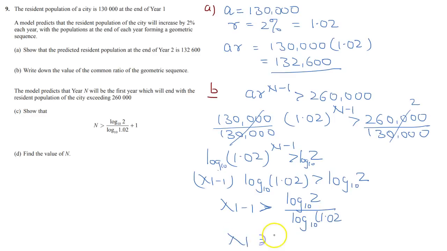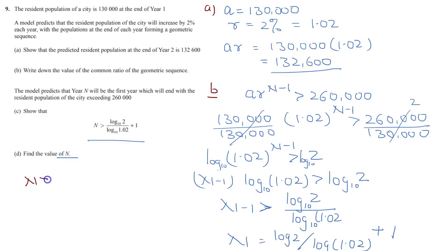So N will be log 2 divided by log 1.02, minus 1 will be plus 1. So this is what we are supposed to prove. I think you can do the part yourself, just put the value of 2.